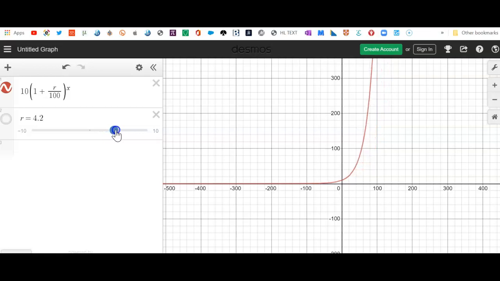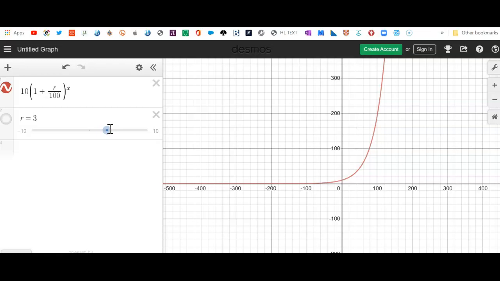So for a starting value of 10, after 100 compounding periods, we are now at a value of 200. So it's a 20-fold increase over 100 compounding periods. Now that could be 100 minutes, 100 months, 100 years, just depends. Okay, so that's the idea.